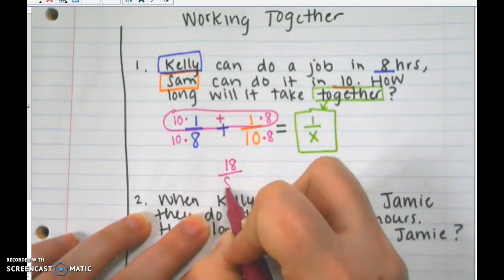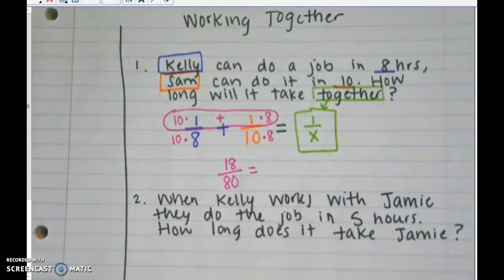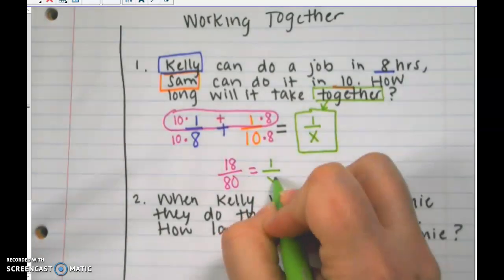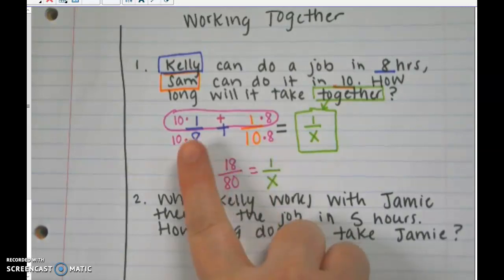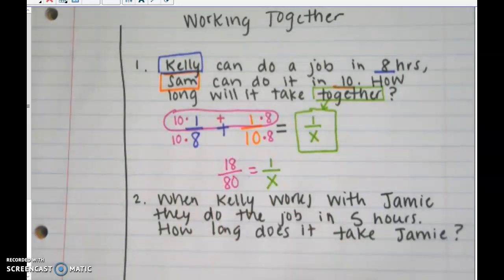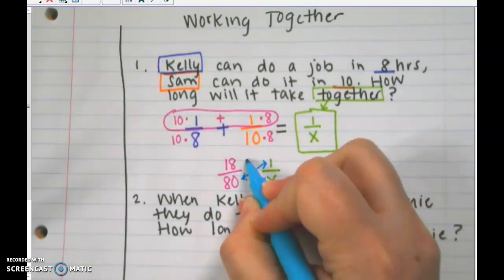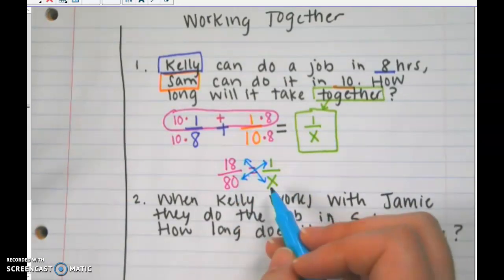So the simplified version of my left-hand side is just going to be 18 over 80 is equal to 1/x. So I got a common denominator of 80 by basically just multiplying by the other denominator and then adding my numerators together. All right, from here, this is a proportion, so we are going to cross multiply. And by doing that cross multiplication, we will not have a fraction anymore.